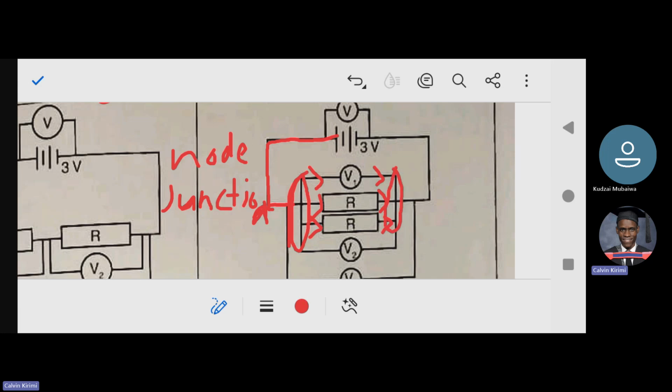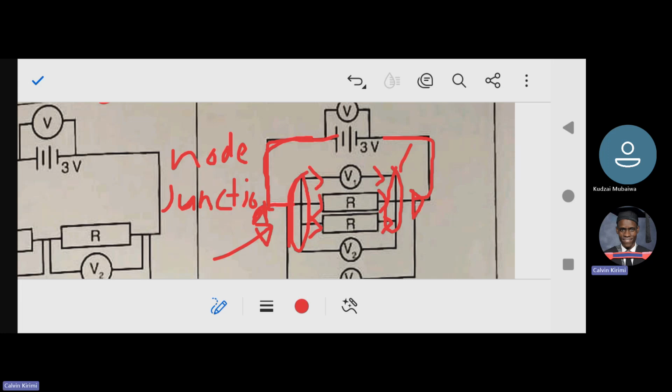It's a node, this one. It will join again. So here it's going to split to break down. Here is now building up. Then it's the same current that is flowing. Then it comes back. That's how it moves. So first it comes, when it reaches this junction or a node, it splits.